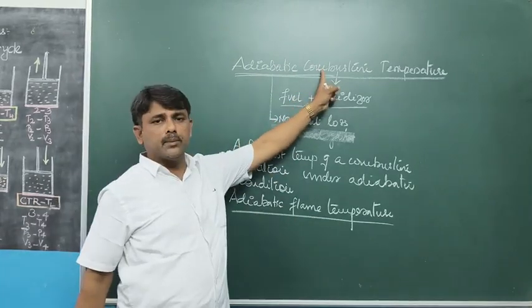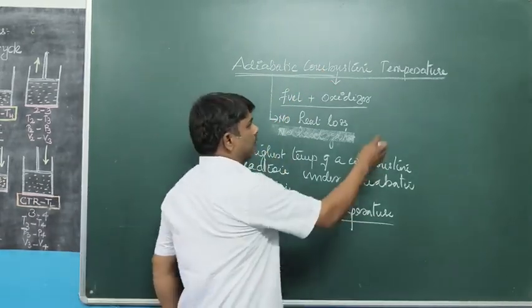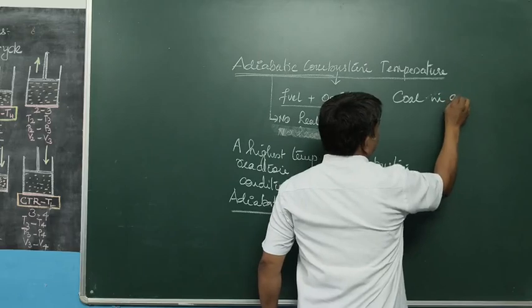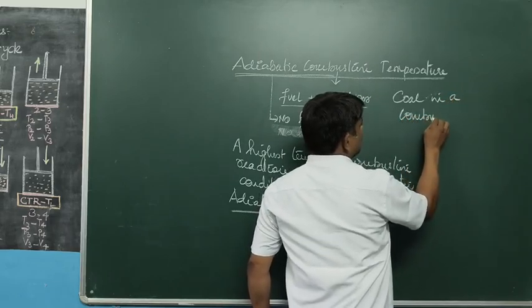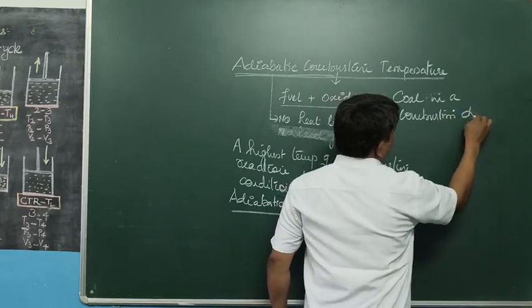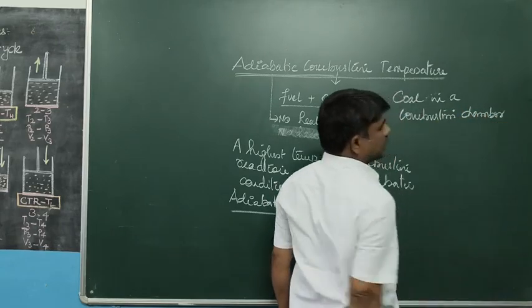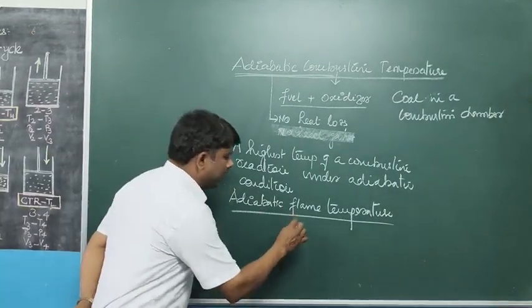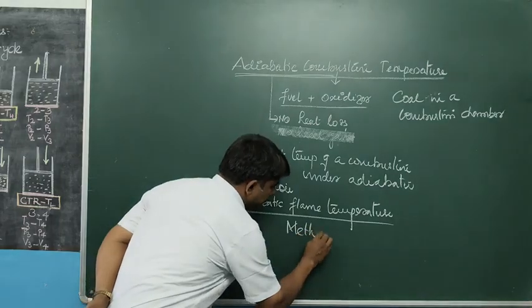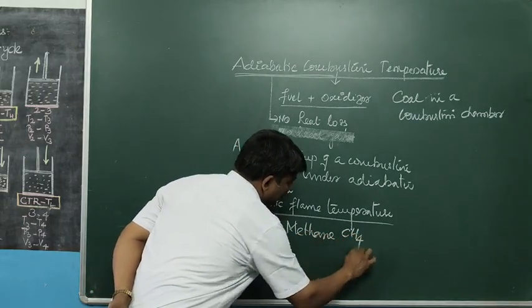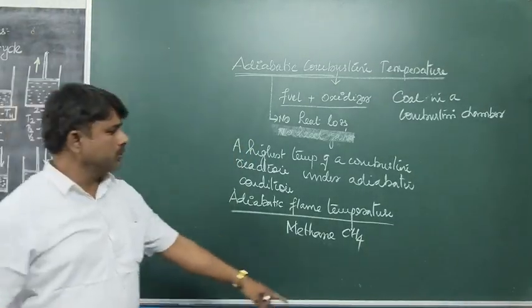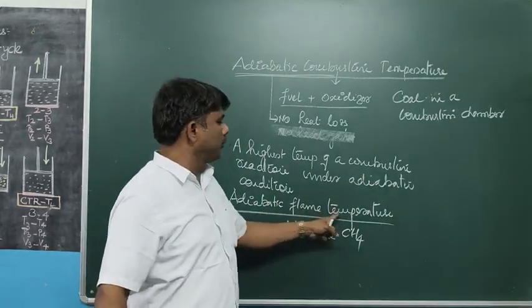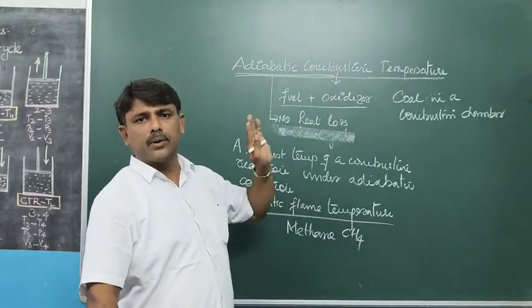For adiabatic combustion temperature, the example is burning of coal in a combustion chamber using oxygen or air. For adiabatic flame temperature, the example is burning methane in the presence of oxygen or air. It shows a visible flame. In such a situation, you have to use the terminology adiabatic flame temperature. Rest of the things are common.